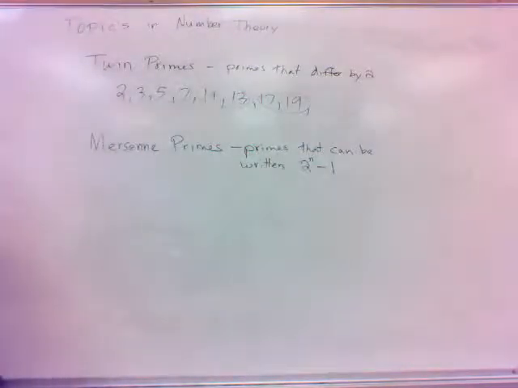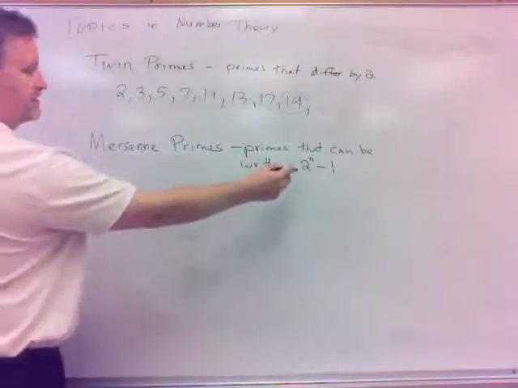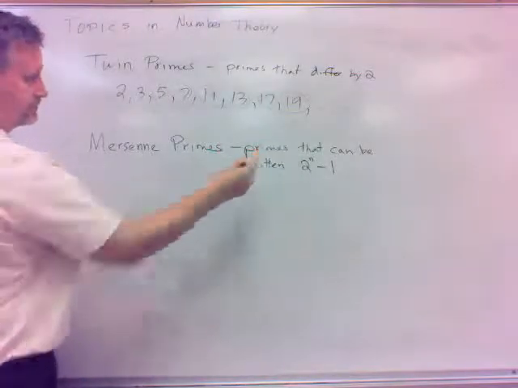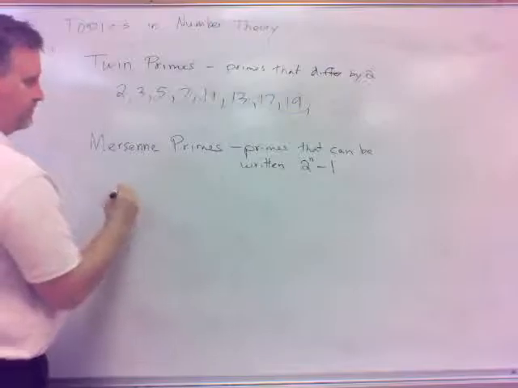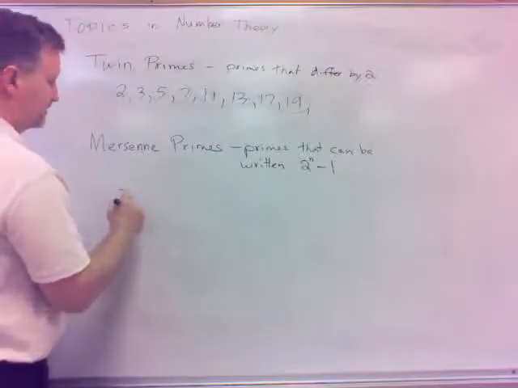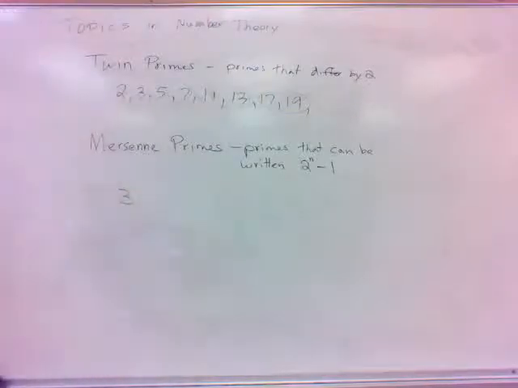Turns out there's a few of those as well. Some of these are Mersenne. Not all primes are Mersenne primes, but there are quite a few of them. For example, well, let's just do 3. 3 actually is going to be the smallest prime that would fit into this category, because do you see there that there's a power of 2 minus 1 that gives you 3?